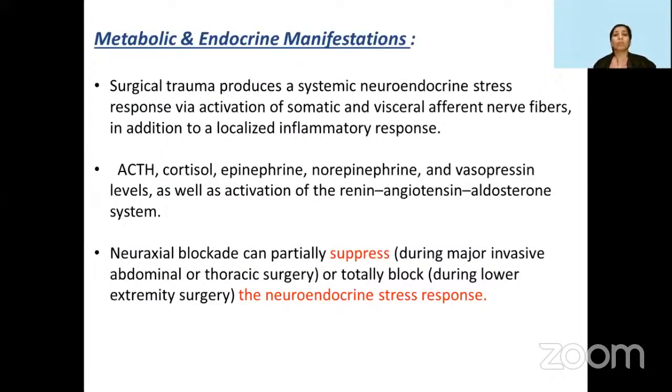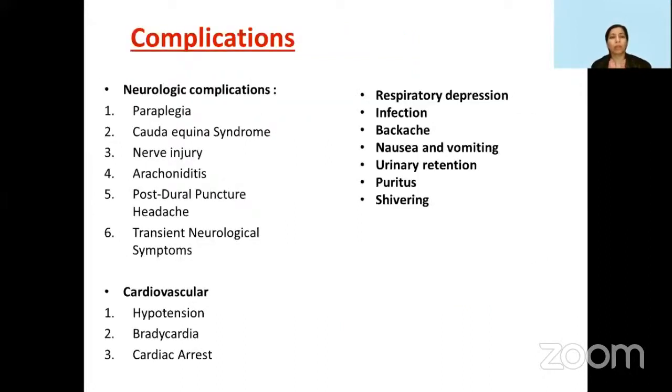Surgical trauma produces a systemic neuroendocrine stress response, with increased secretion of ACTH, cortisol, epinephrine, norepinephrine, and vasopressin, as well as activation of the renin-angiotensin-aldosterone system. Neuraxial blockade can partially suppress this neuroendocrine stress response, which decreases postoperative morbidity.